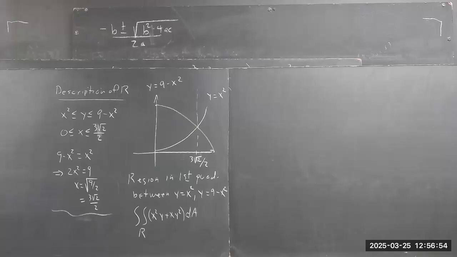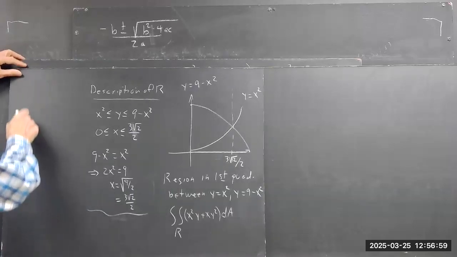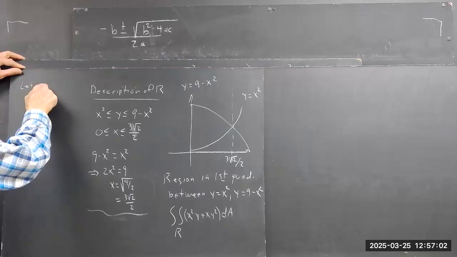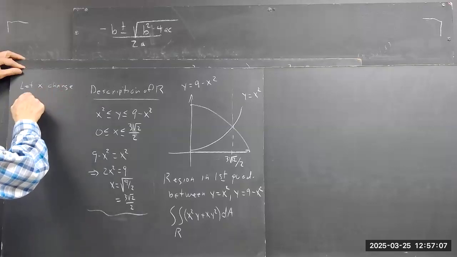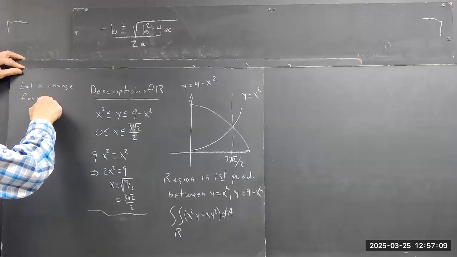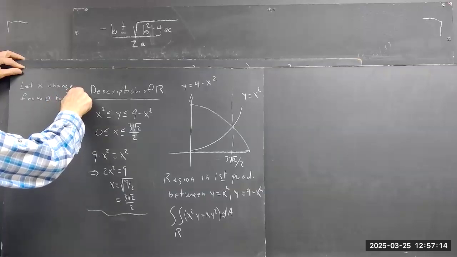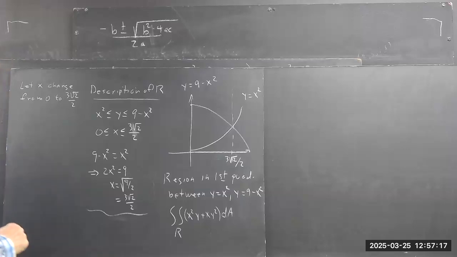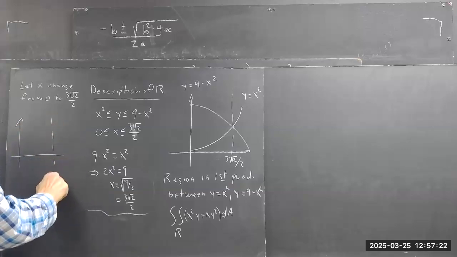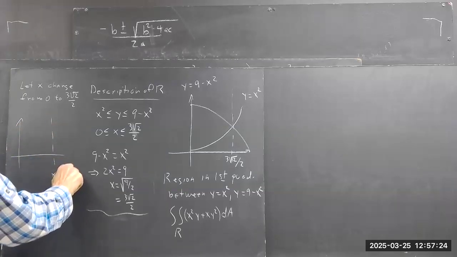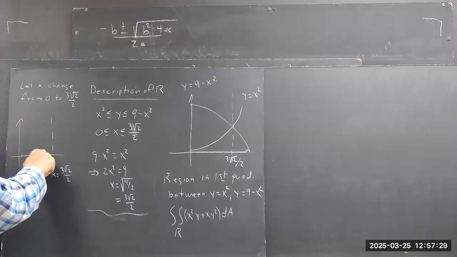Okay. So now I can describe the region. So I've got a lot of X values.